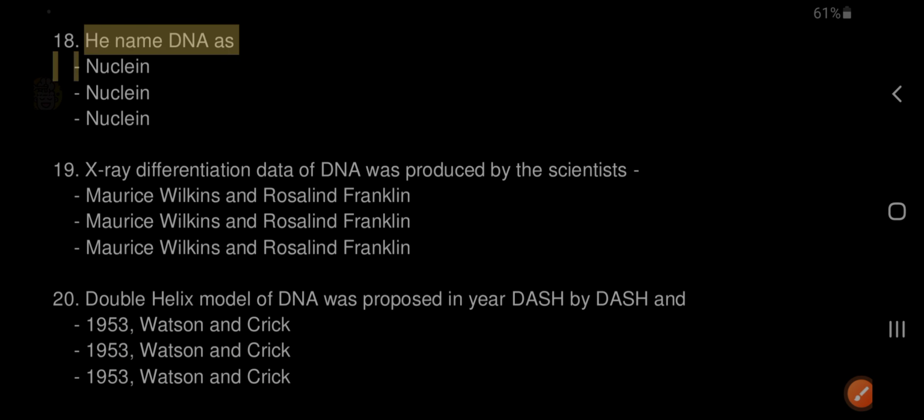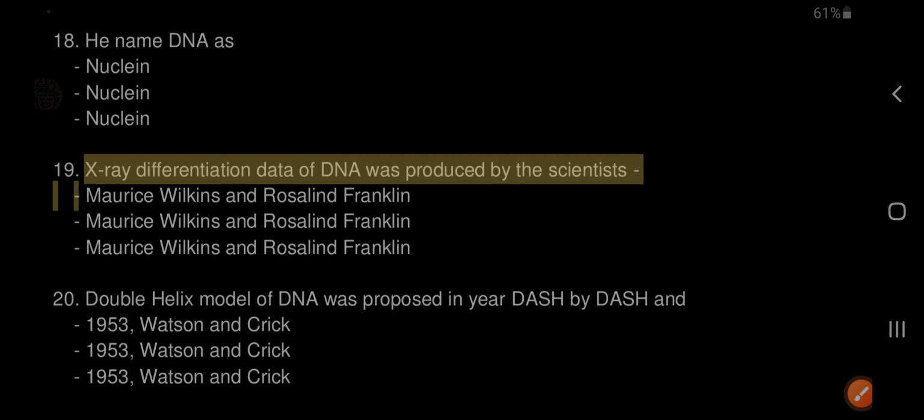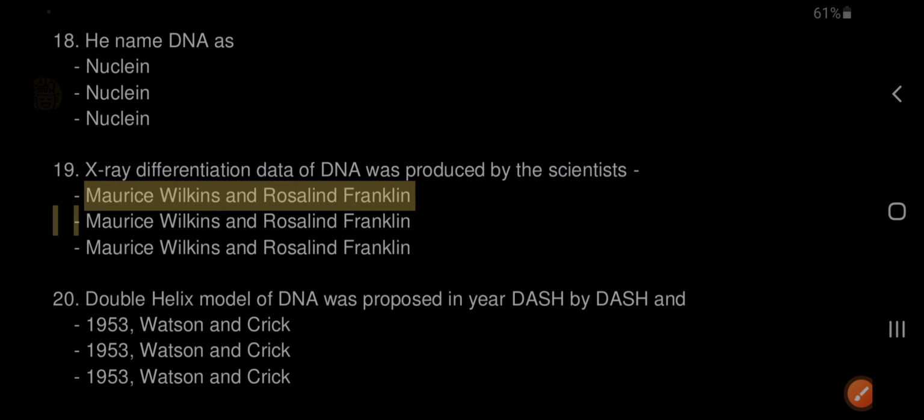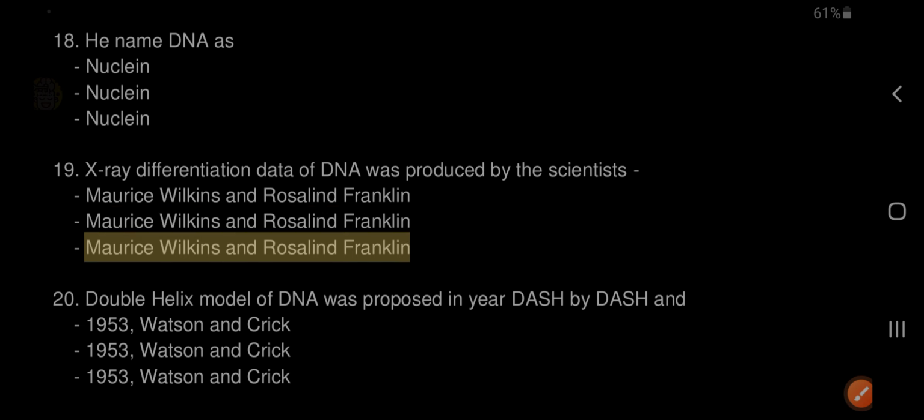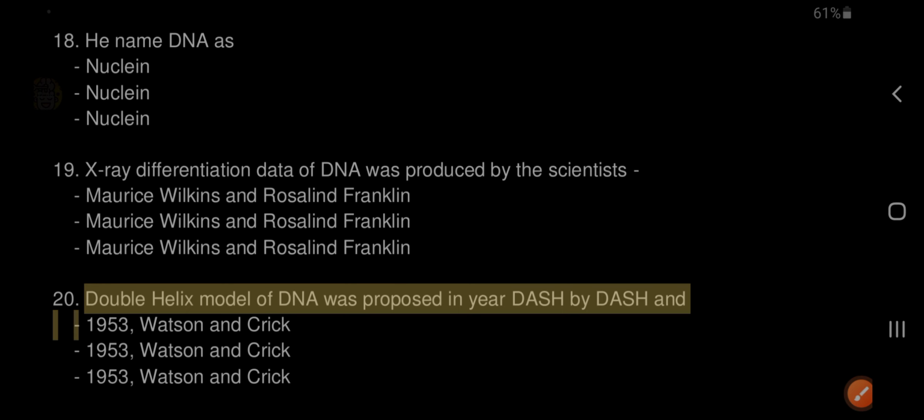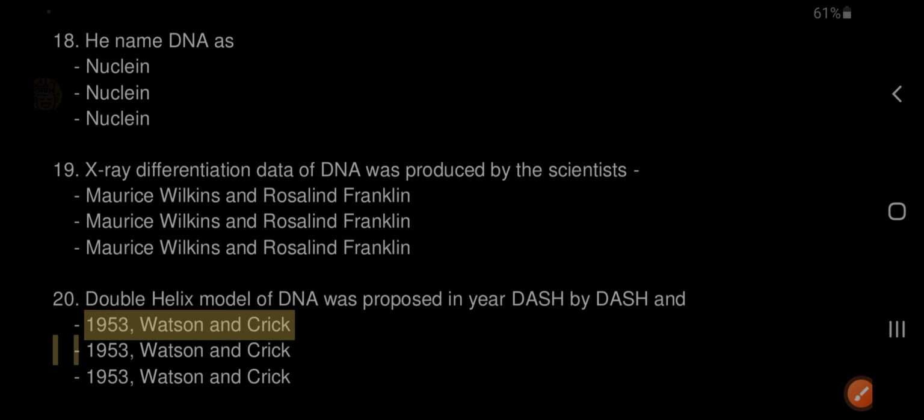He named DNA as nuclein. 19. X-ray diffraction data of DNA was produced by the scientists Maurice Wilkins and Rosalind Franklin. 20. Double helix model of DNA was proposed in year dash by dash. 1953, Watson and Crick.